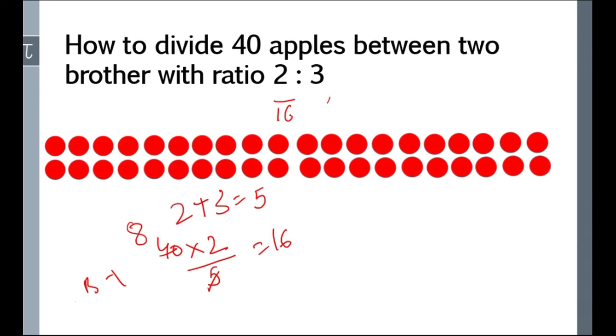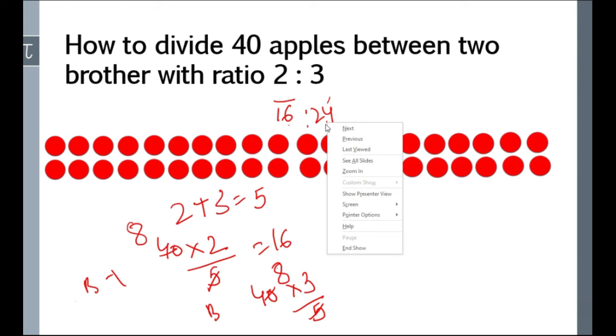And what about brother 2? Brother 2 will get 40 multiplied by 3 divided by 5. This is 24. So if we have to divide 40 apples between 2 brothers with the ratio 2 is to 3, then one will get 16 and another will get 24.